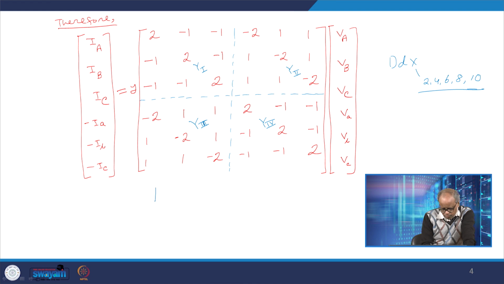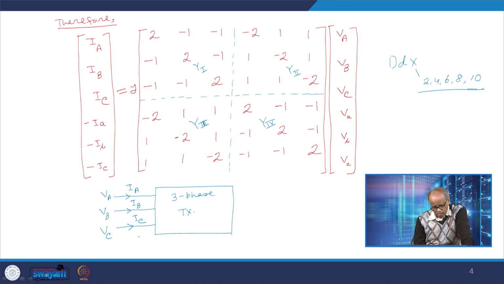So out of all these modeling, the common thing we can find is that if I have a three-phase transformer, and this is the primary winding, with VA, VB, VC, and this is I capital A, I capital B, I capital C. So this is the primary side.